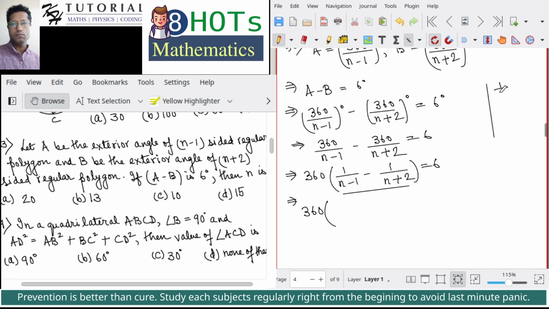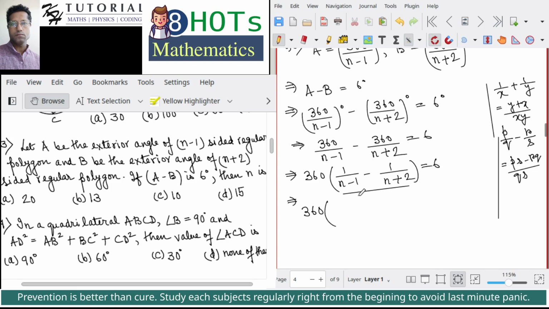For example, 1 by x plus 1 by y is equal to y plus x divided by xy. Or let's say p by q minus r by s is equal to ps minus rq divided by qs. So I hope these concepts are known to you.